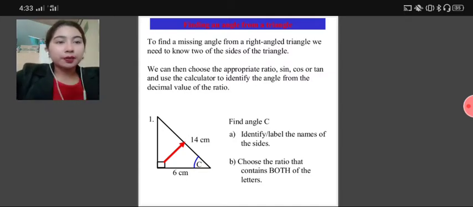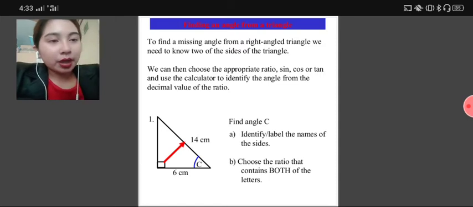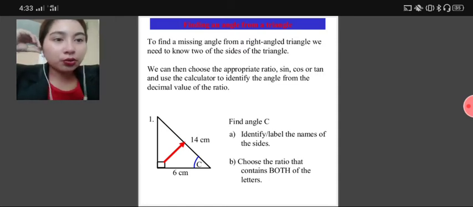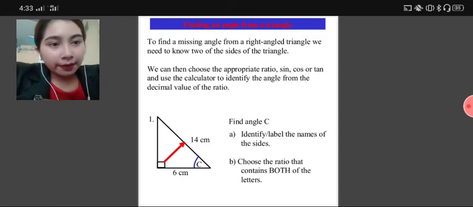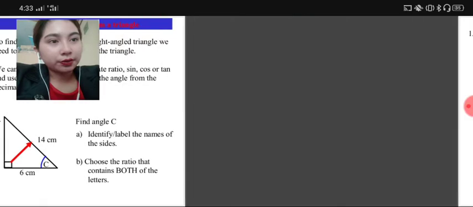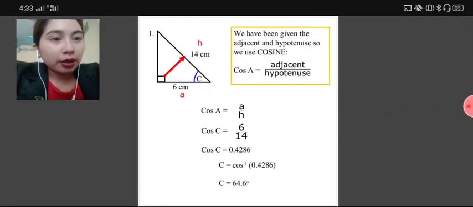Find angle C. First, you need to identify or label the names of the sides. Choose the ratio that contains both of the letters. We have been given adjacent and hypotenuse.